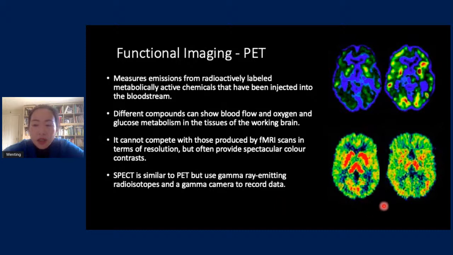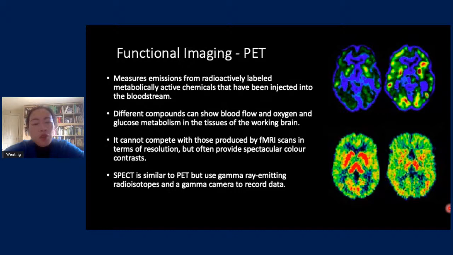There is another imaging modality quite similar to PET scan, single photon emission computed tomography. It is similar to PET, but it uses gamma ray emitting radioisotopes and a gamma camera to record data that the computer can use to construct 2D or 3D images of active brain regions.